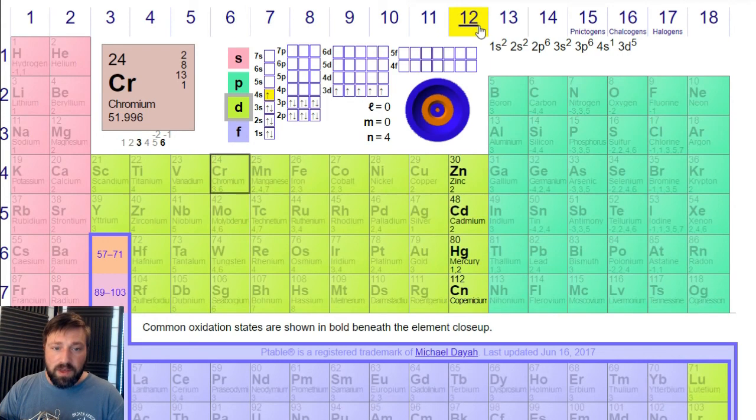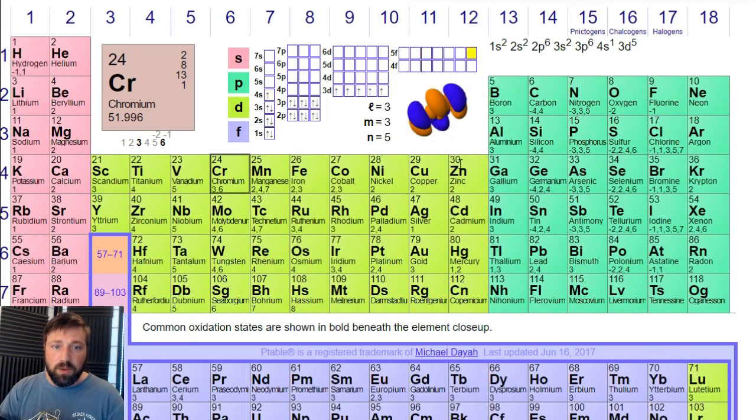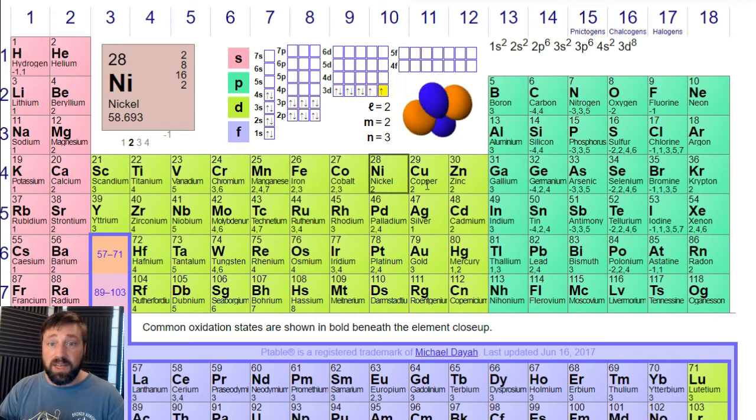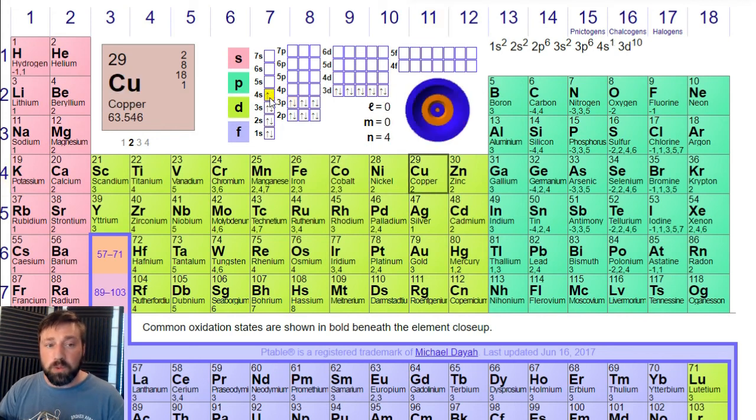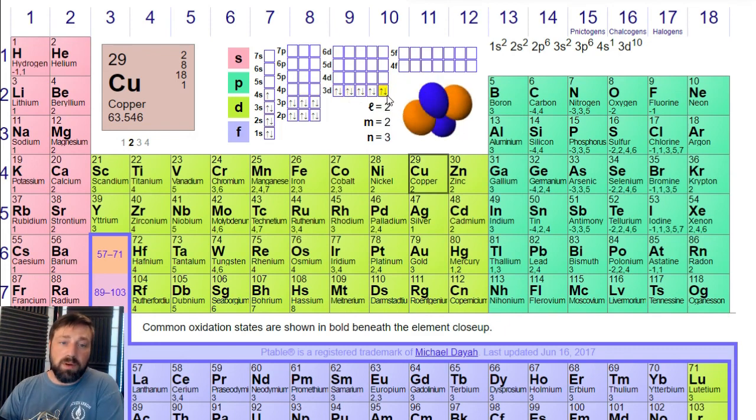The other thing that happens is at the very end. It's a very similar situation where nickel is 3d8, and you would assume copper to be 3d9, but it does the same thing. It steals an electron away from the 4s orbital. Now it's 4s1 and 3d10, filling up that entire d orbital.